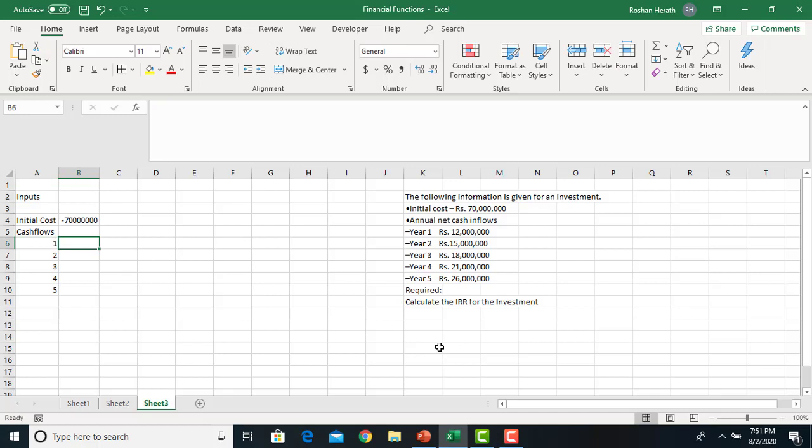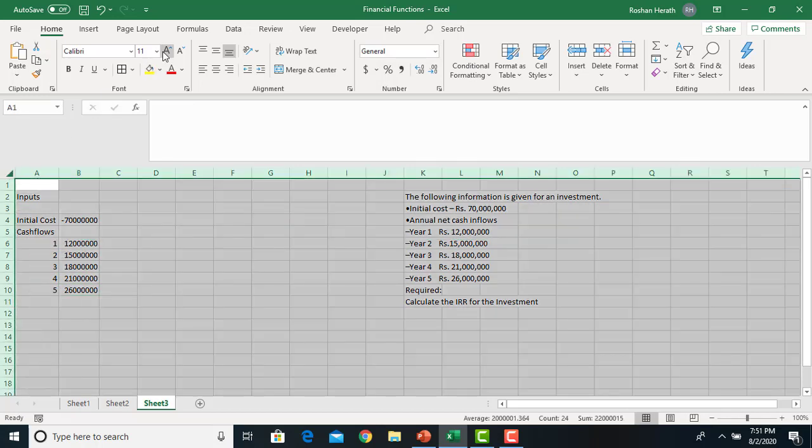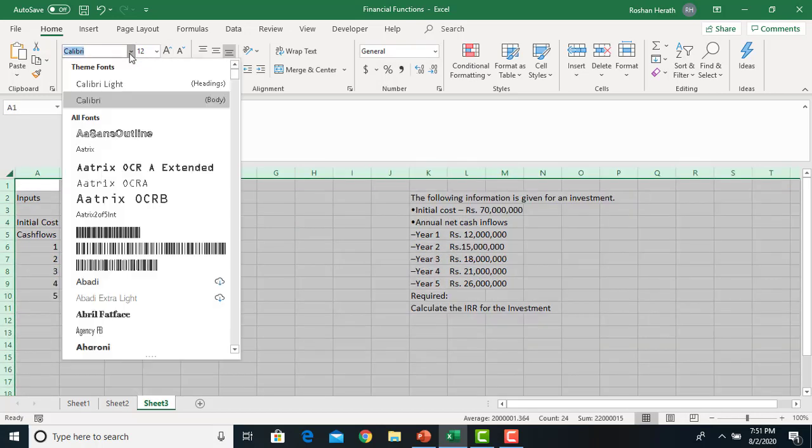In year 1 it's 12 million, year 2 it's 15 million, then 18 million, then 21 million, then 26 million. Right, you have taken all the cash flows.